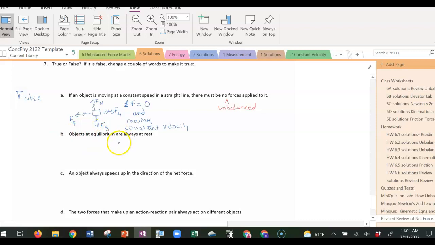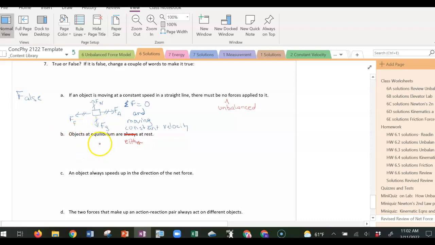Objects at equilibrium are always at rest. Well, see, I know that's not true because I drew that example in part A. That would be equilibrium, right? So objects in equilibrium are either at rest, which is one possibility, but there are two scenarios for equilibrium.